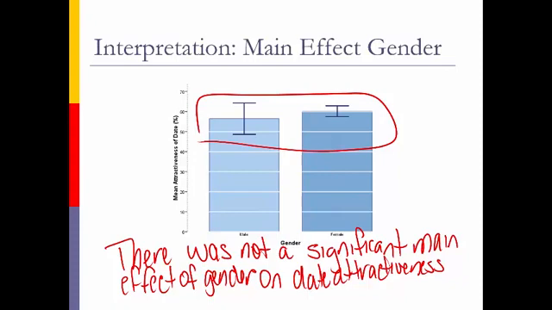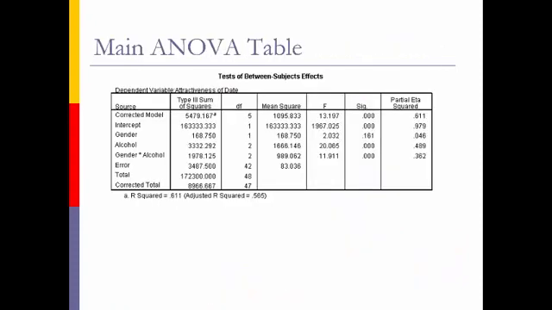So that's going to be the exact wording that we're going to want to see in the results of these types of tests. All right, now let's go ahead and look at alcohol.